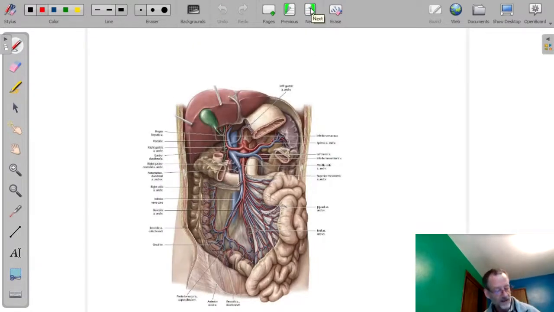And the last slide, I just threw it in for review again. It shows a couple of things. One is that it shows the falciform ligament, which is what separates the two lobes of the liver and anchors it to the diaphragm.